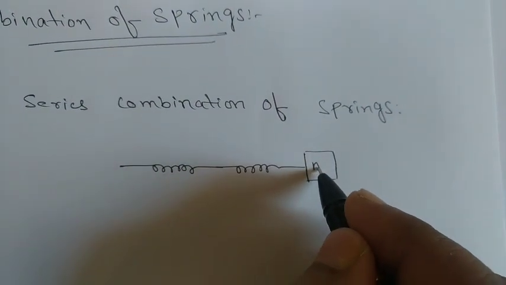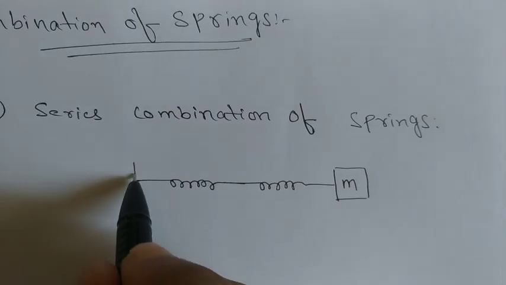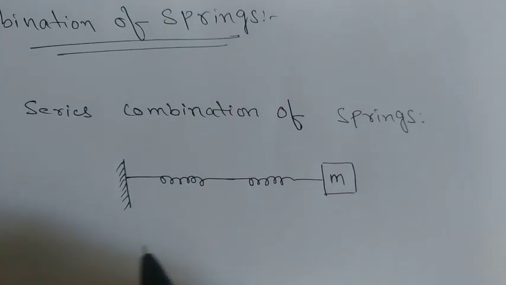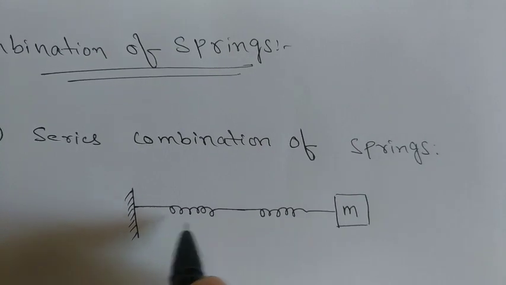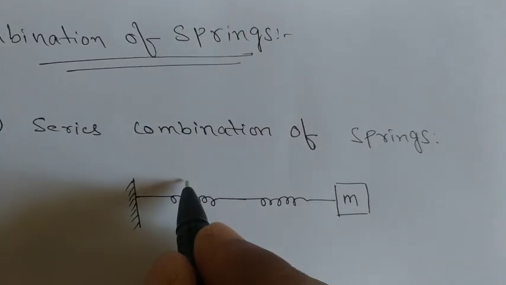Let the mass of the block be m, and the first end of the spring is connected to a rigid support. Such a combination is called a series combination. Consider two springs in series combination.